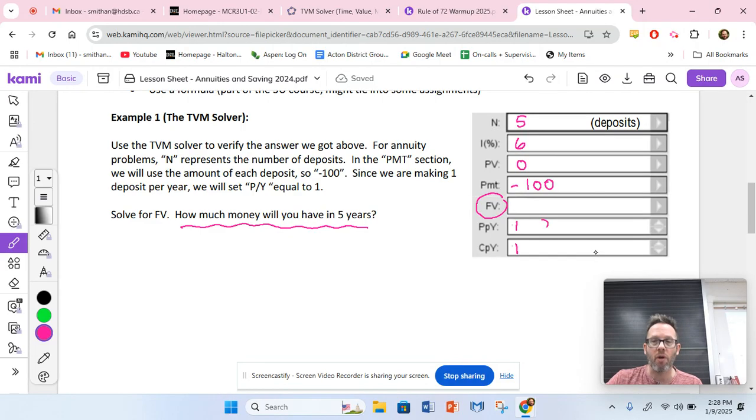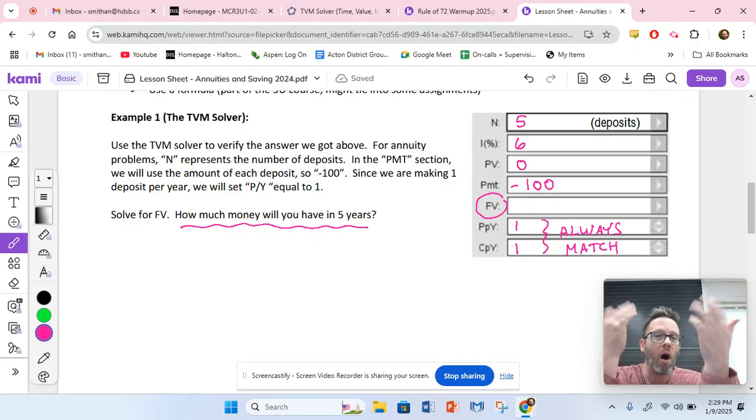So what you guys will notice for all of our work, literally all the time, PPY and CPY, that sounds dirty to say, PPY, are always going to match, always. Now, I believe your TVM solvers, if you change PPY to say 12, on the Inspires anyway, it will automatically change CPY to match it. Those two things are always going to match, okay?